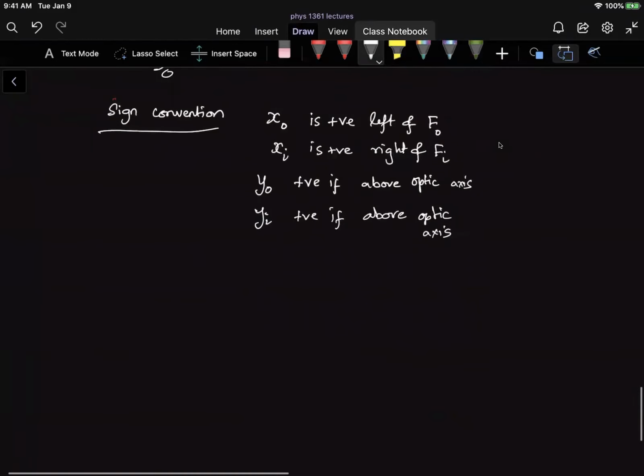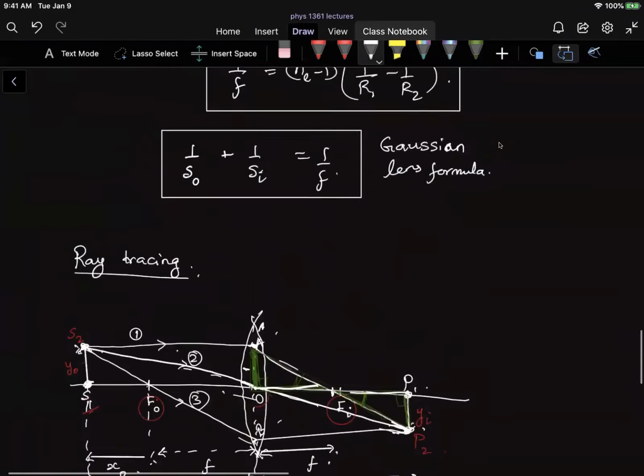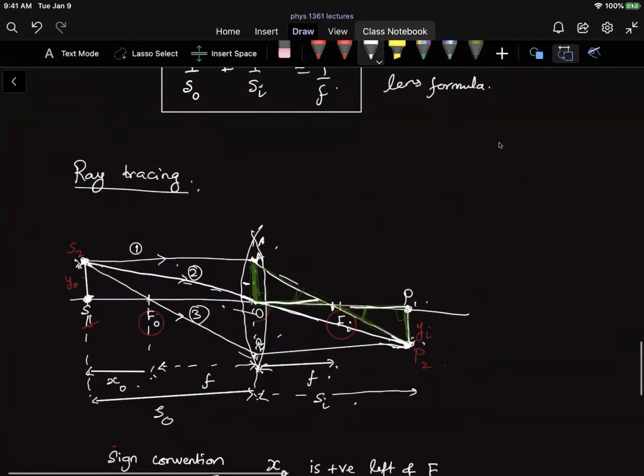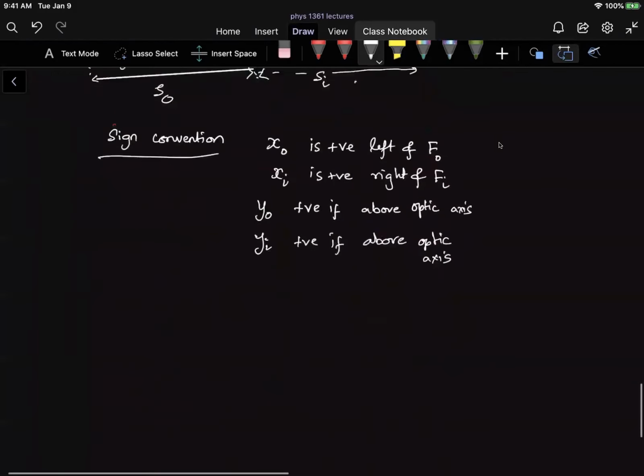And again, by the same argument, we've already established that the distance from O to FI must be F, the focal length, and the distance from FI to P1 must be the distance SI minus F.